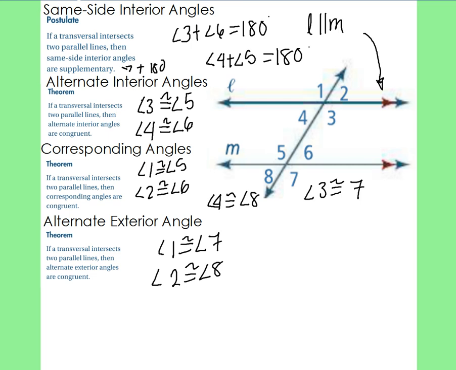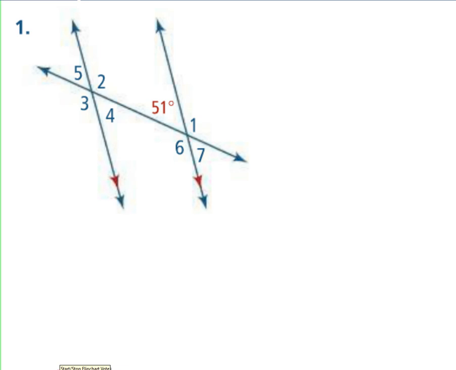Okay, so I know that one of those angles is 51 degrees. I want to know what the rest of them are. So I want to know what angle 1 is, angle 2, angle 3, angle 4, angle 5, angle 6, and angle 7.